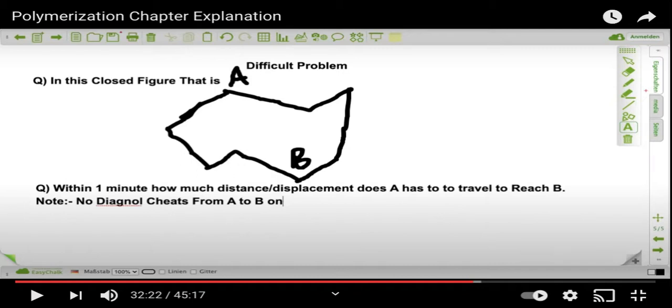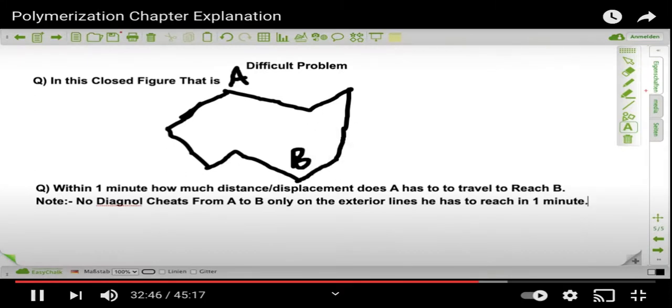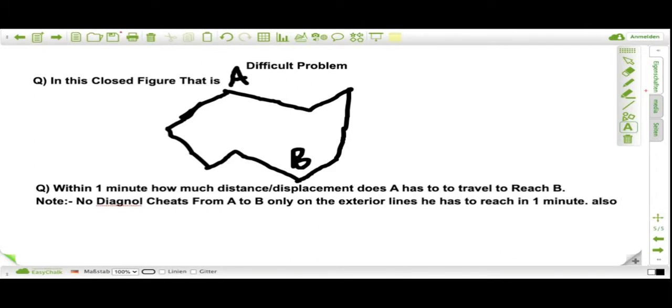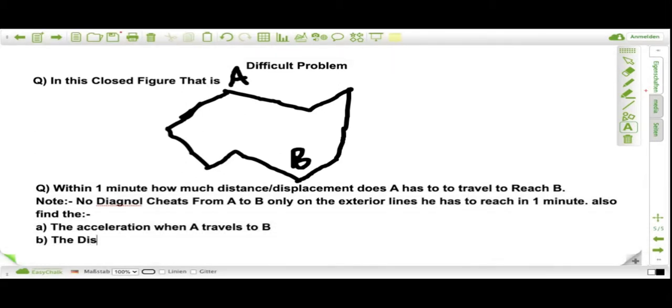Those are restricted from A to B. Only on the borders, on the sides, you have to travel within 1 minute to reach B. Now here are the problems. These are the two problems.